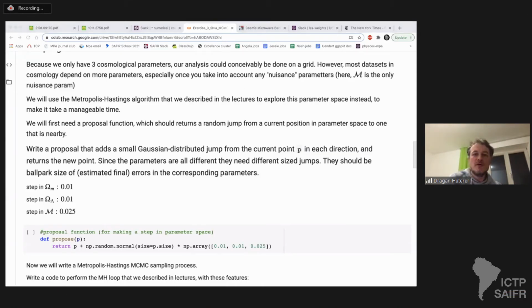I hope everyone's looking at the MCMC slide. This Metropolis-Hastings algorithm says you have some model, you make a proposal to go to some point. The length of this step should be a ballpark estimate of the error in the cosmological parameters. If you're going to a higher likelihood, always accept. If you're going to a lower likelihood, form a random number between 0 and 1. If that random number is less than your ratio of new to old, accept.